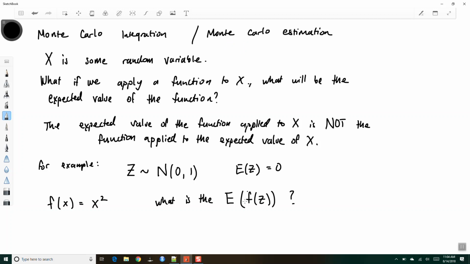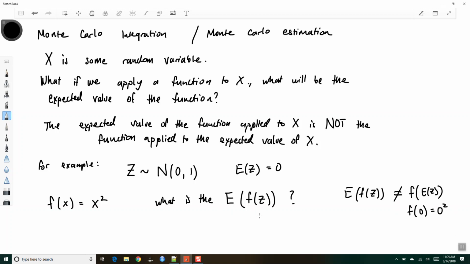But the expected value of the function applied to z is not going to be 0 squared. It's not the function applied to the expected value of z. It is not f of 0, squared, okay?